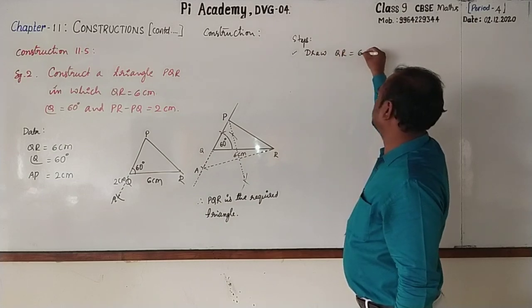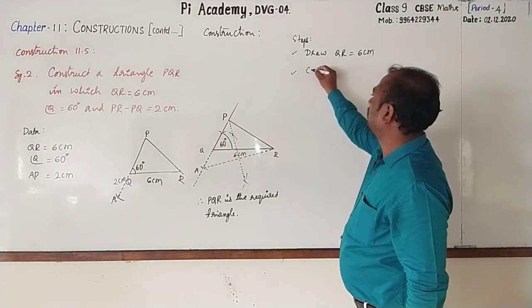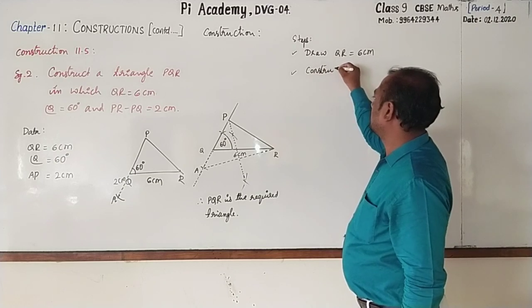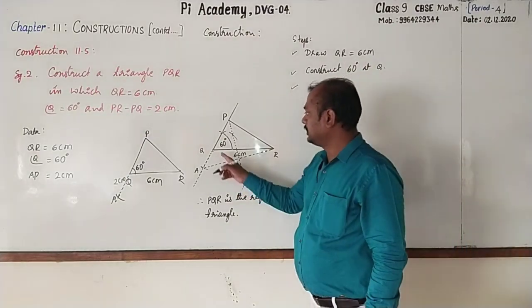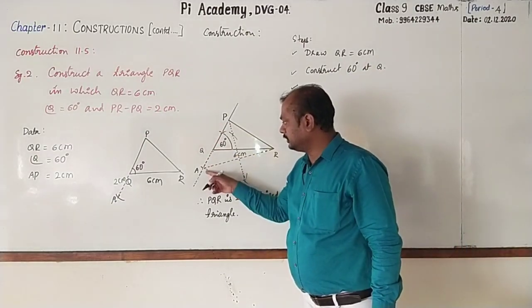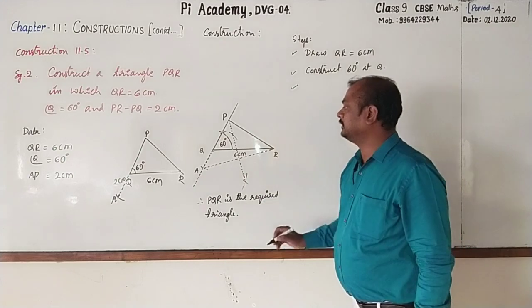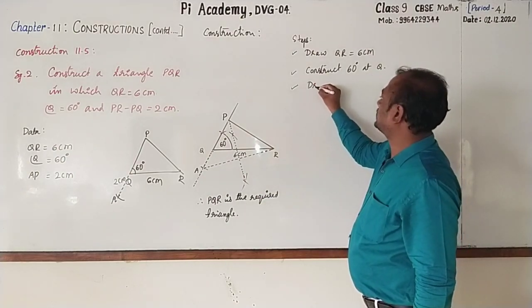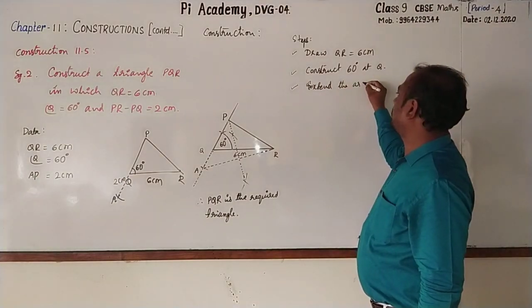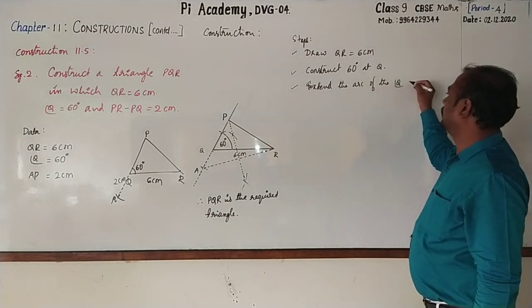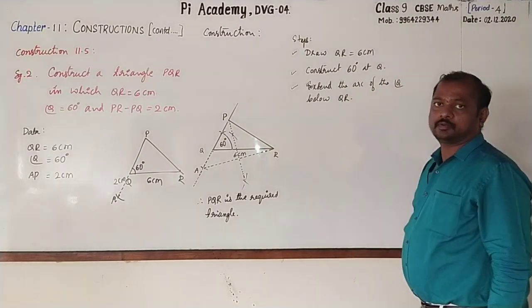Next, construct 60 degree at Q. Next, extend the arm of the angle Q below the baseline, below QR.